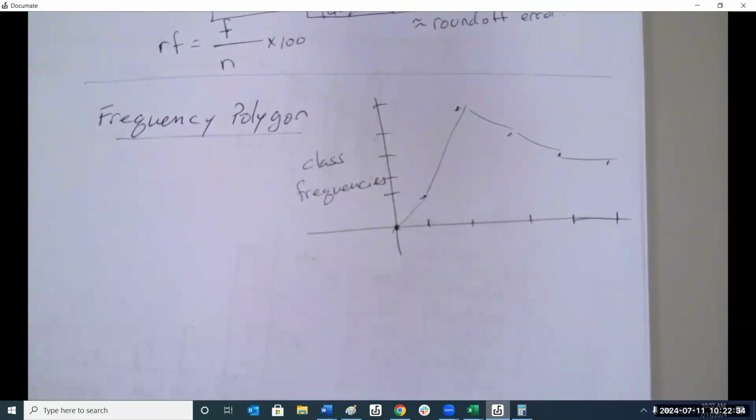The limitations are, can we compare two or more pieces of information with that same graph? Can we use a histogram to compare two or more?